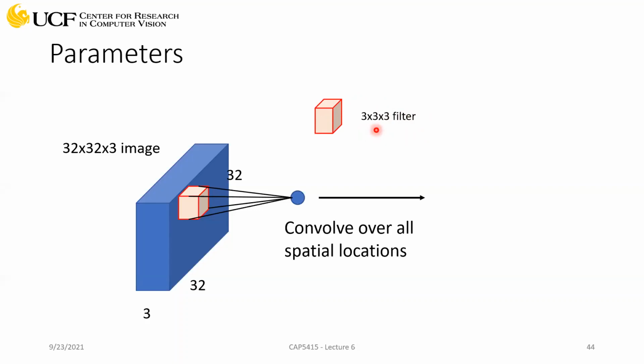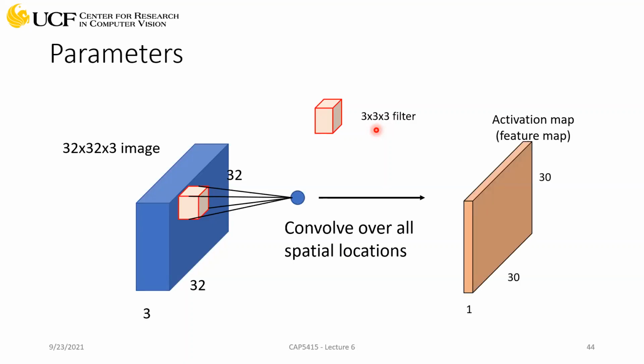Depending upon how many filters you use, you can just count the values which are stored in a filter. They will count towards your parameters. So for this convolution layer, if you only use one filter, then you have 27 different parameters.